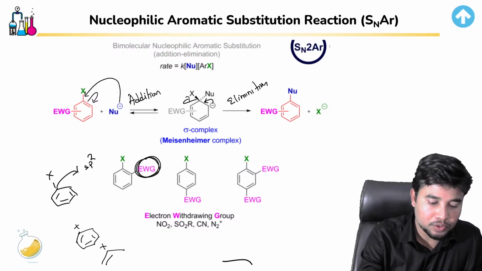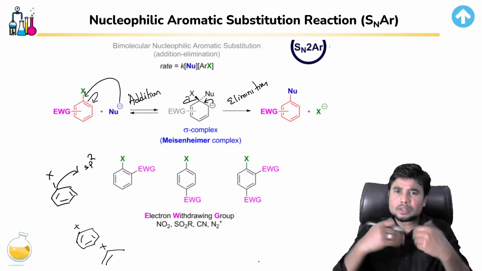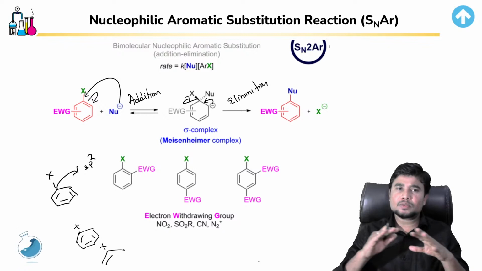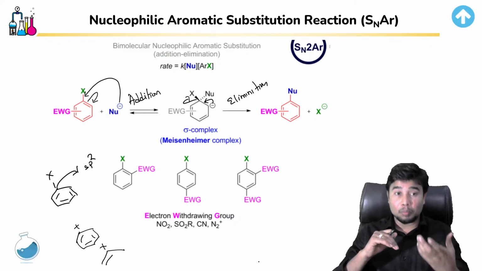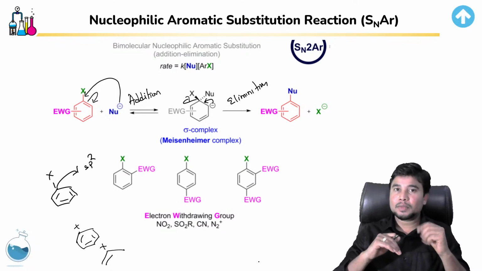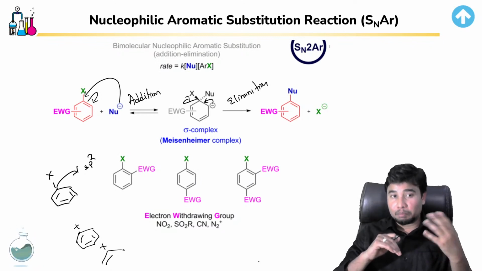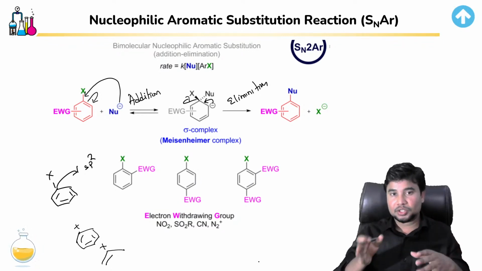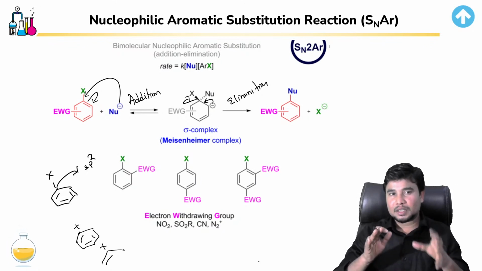There is this electron withdrawing group present over here. Now, an electron withdrawing group withdraws the electron density. Since it has withdrawn the electron density, that molecule would be seeking more electron density, right? So the kind of mechanism that it is going to follow is simply an addition-elimination mechanism, right? So that type of mechanism does have an importance.